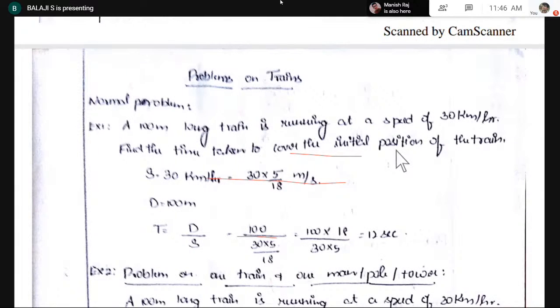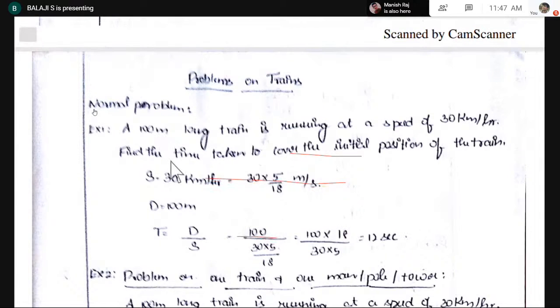For example, a train is here, and its initial portion, that is the engine, is at the phase X. What is the time taken by the train's last compartment to reach that phase? They have given the speed and the distance. Then what is the distance traveled? That is the length of the train, the distance traveled here.